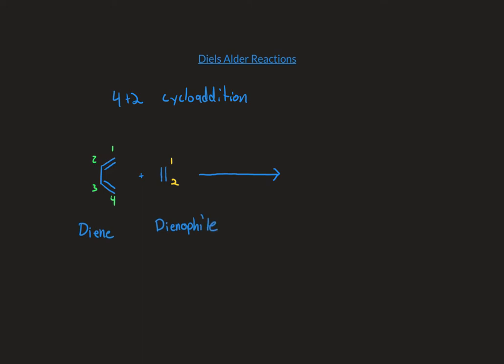And it reacts like this. One of the bonds in the diene attacks the dienophile, which gives electrons back to the diene, and then another arrow to move that alkene one carbon over to give cyclohexene products.